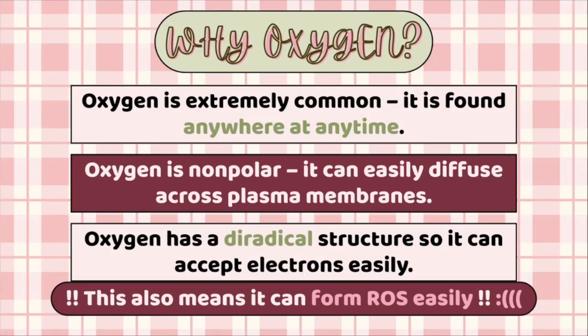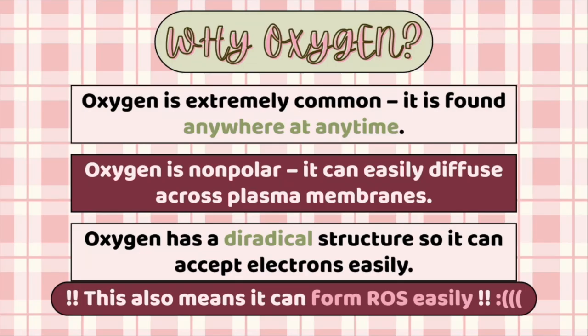Do you have questions? What is a diradical? That means it can accept two electrons. Because of its structure, it basically has two empty spots and each empty spot accepts an electron.